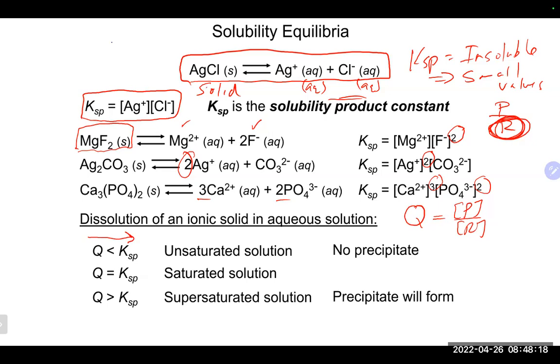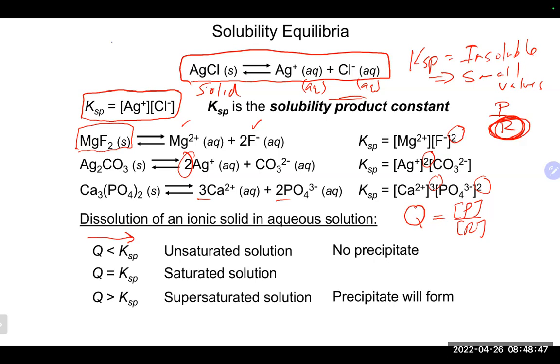Are you asking what an unsaturated solution is? They will not be the same. I won't say they won't be, but it's possible they could be the same number. It's possible it will be greater than or less than. Remember that Q is a reaction quotient, which is calculated in a situation where originally we were not sure if we were at equilibrium and which way we need to go to reach equilibrium.